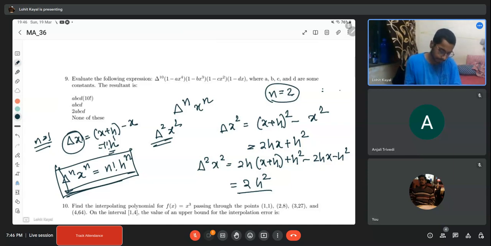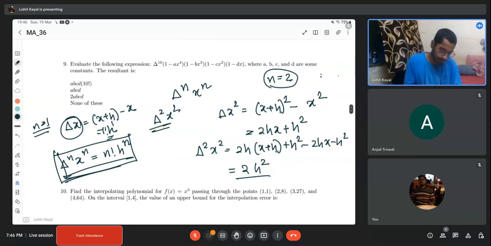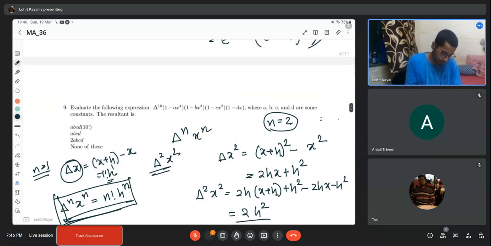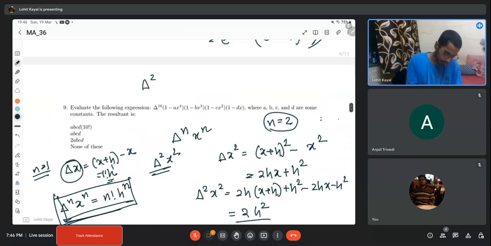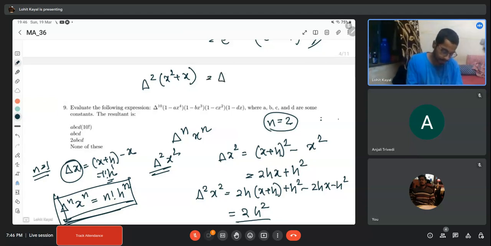Okay, and another thing. There will be many terms over here, so let's just do one small calculation. Suppose you need to find delta square of x square plus x. We know that this is a linear operator, so we can take delta square of x square plus delta square of x.